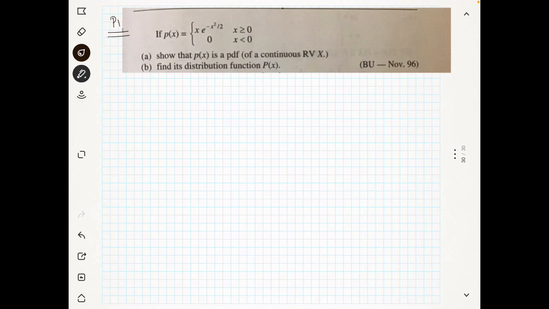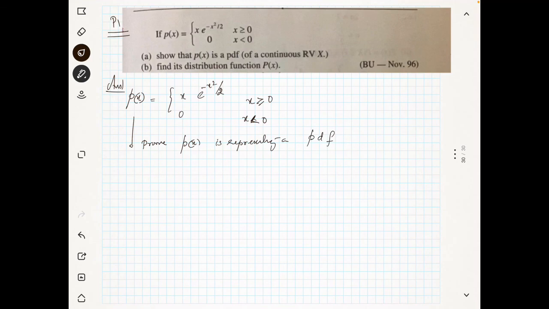So P of x is given as x into e power minus x square by 2 for x greater than or equal to 0 and equal to 0 for x less than 0. And we have to prove that this P of x is actually representing a PDF, probability density function.